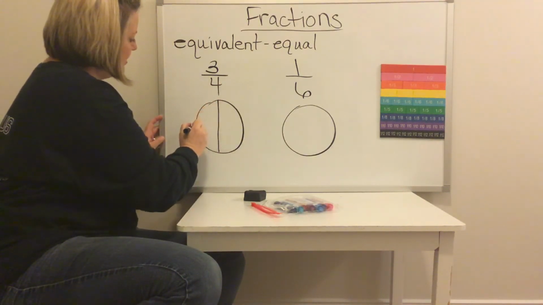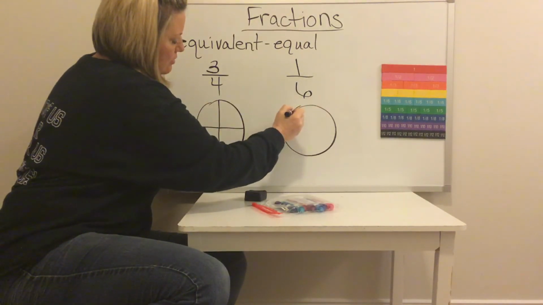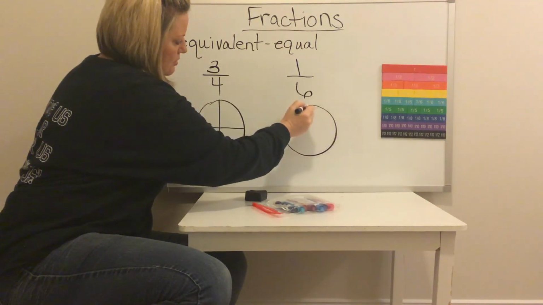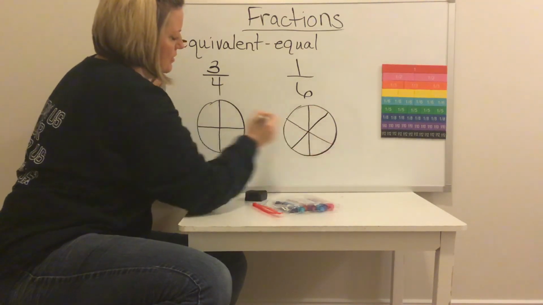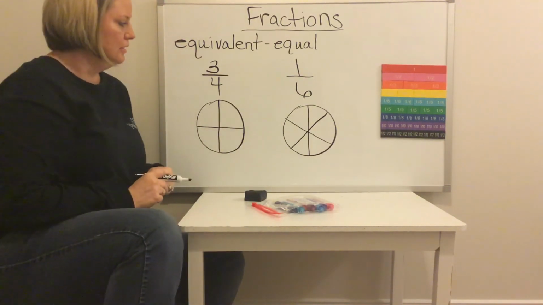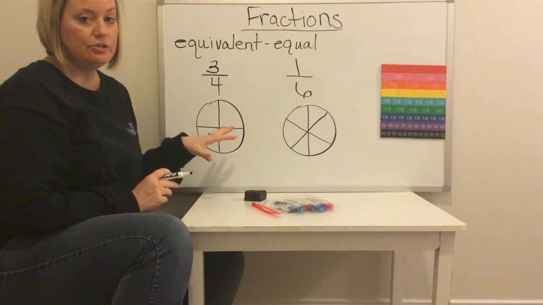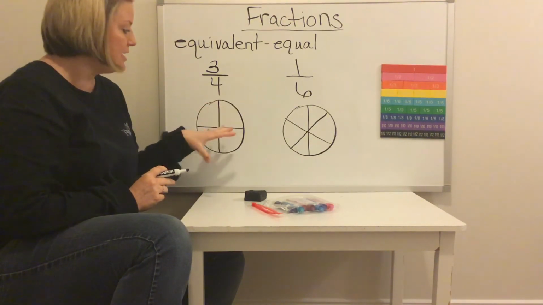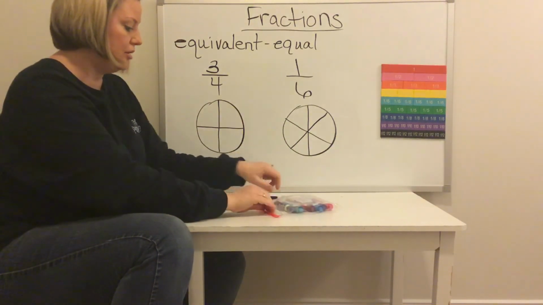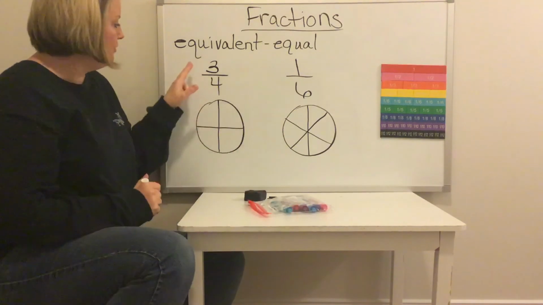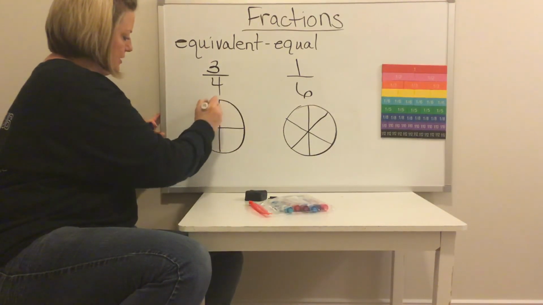This one would be divided into 4 pieces because the denominator is 4. This one, let's see, would be divided into 6 equal pieces because this one has a 6 as the denominator. Now, you're going to need to shade in each of these circles, okay? So, using a crayon or a pencil, all right, for 3/4, you would want to shade in 3 of the 4 pieces.